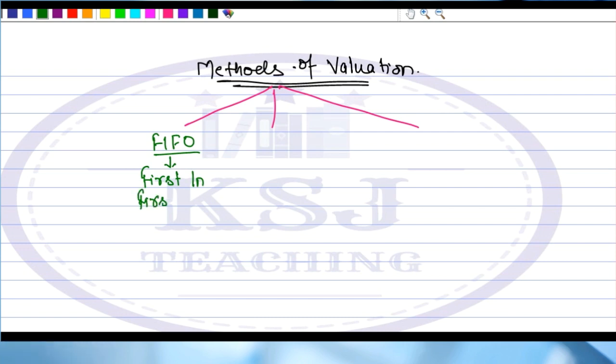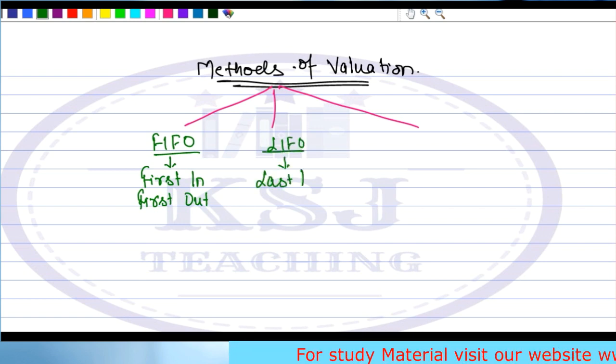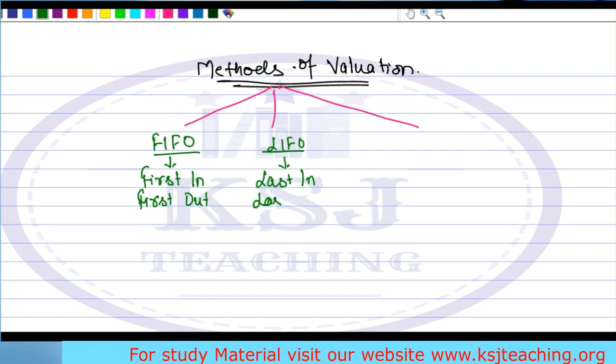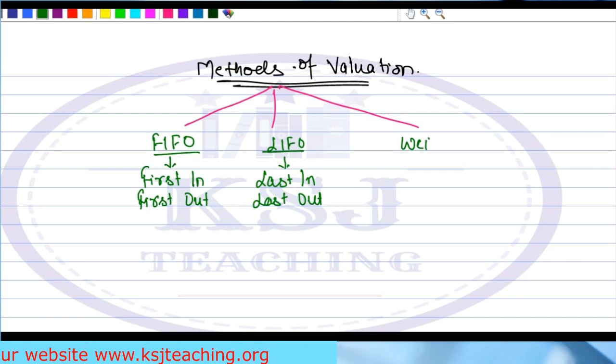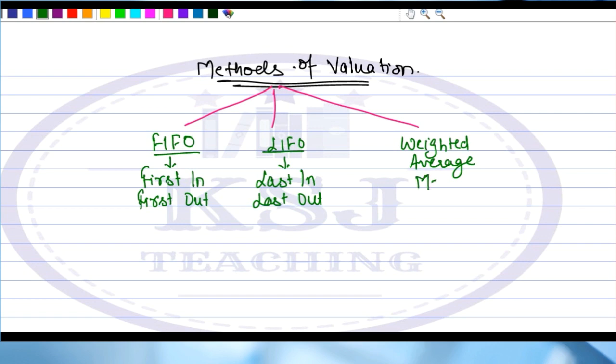Then we have the LIFO method, last in, first out. And the last one is the weighted average method. So these are the three major methods that we have to study.